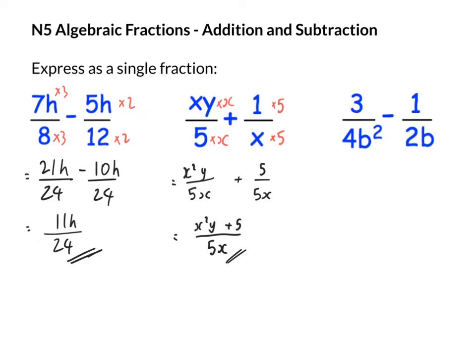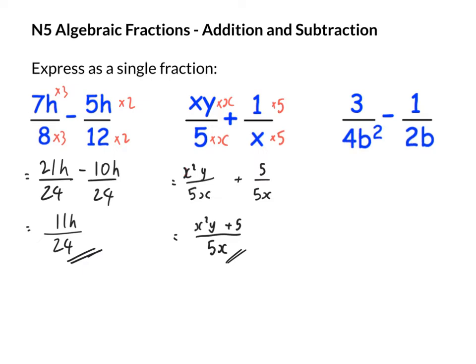Last question. This is a lot like the first question actually. I didn't, in the first question, just multiply 8 and 12 together to get my denominator. I found the lowest common denominator. So here, with this one, rather than just multiplying the two together, I'm just looking at them carefully.